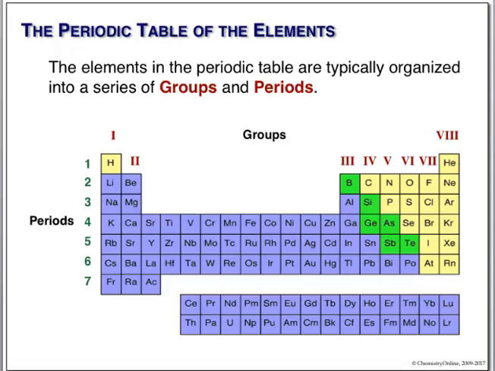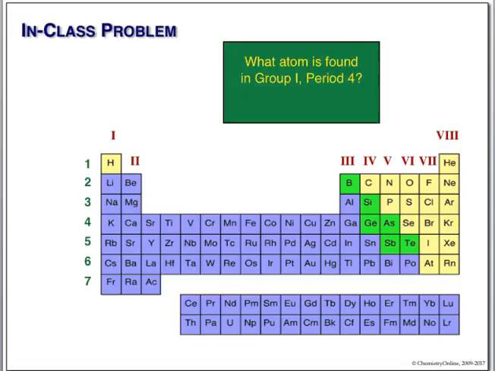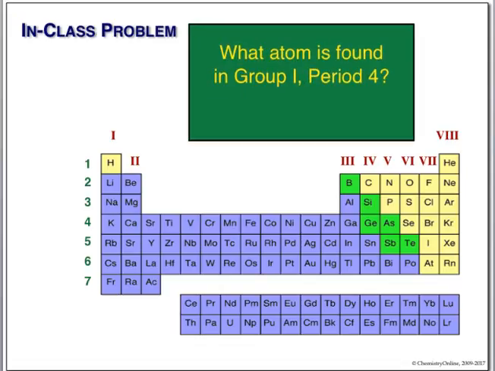Well, let's just start off by using our periods and our groups as a grid and identify portions. What if I tell you we have an atom in group 1, period 4? Well, we would look at group 1, that's here.